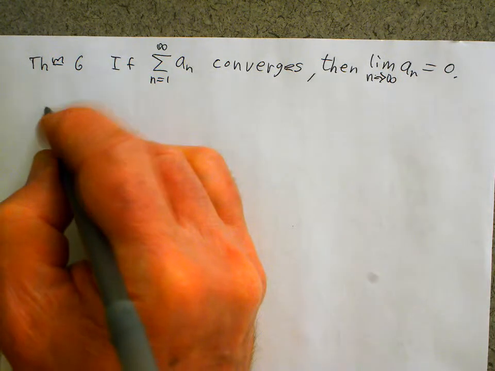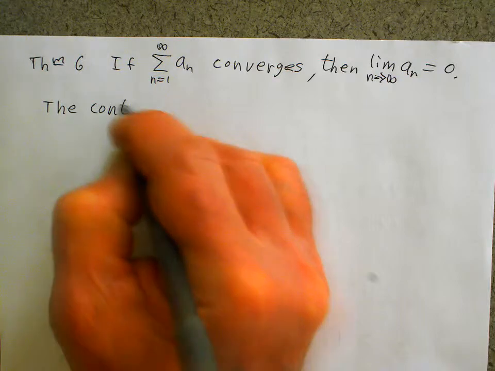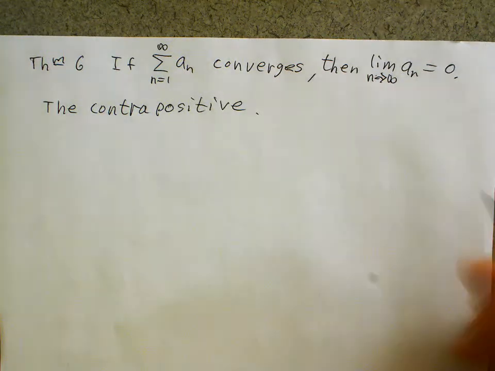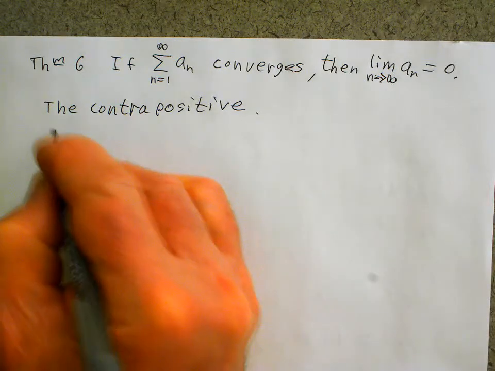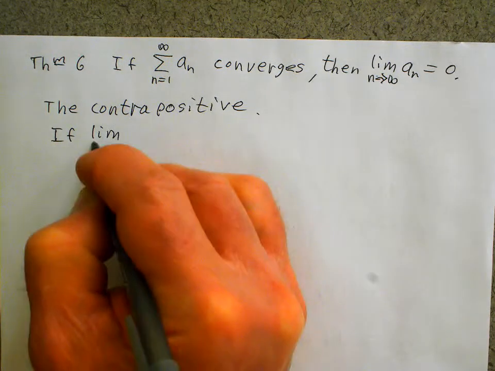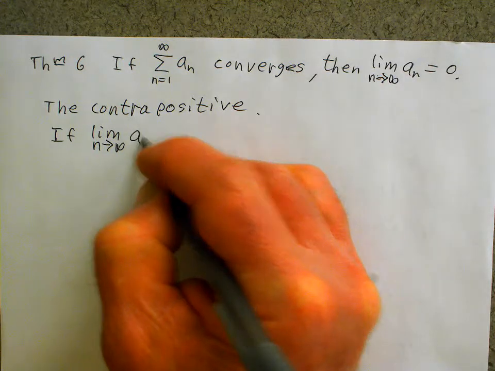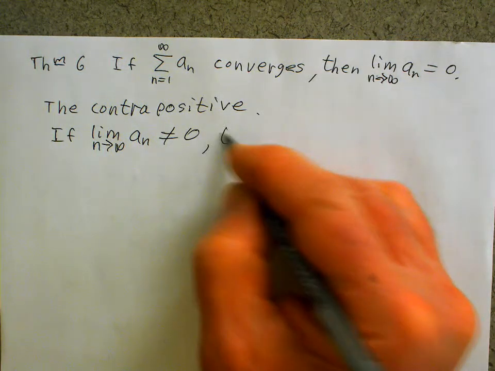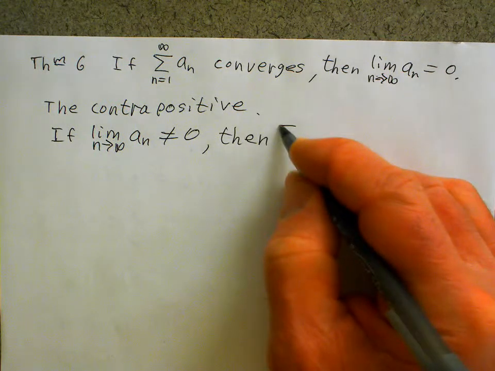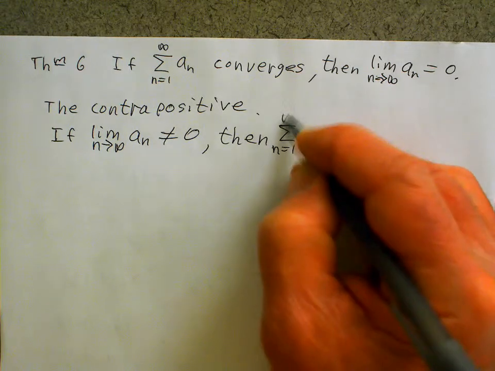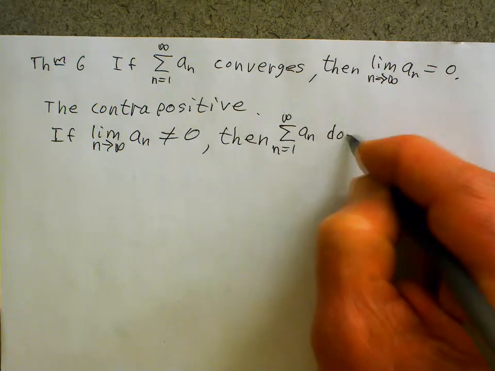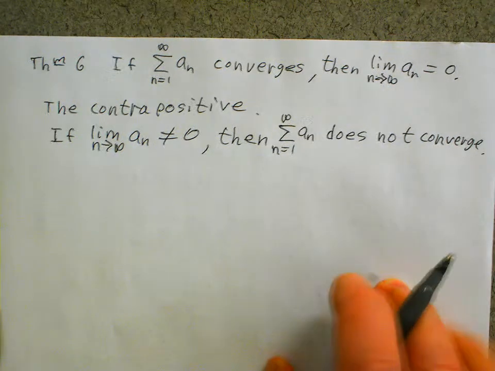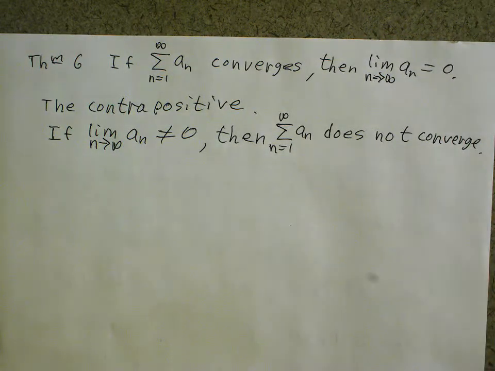So the contrapositive is: if the limit as n approaches infinity of a sub n does not equal 0, then the series does not converge. Well, if it doesn't converge, it means it diverges.